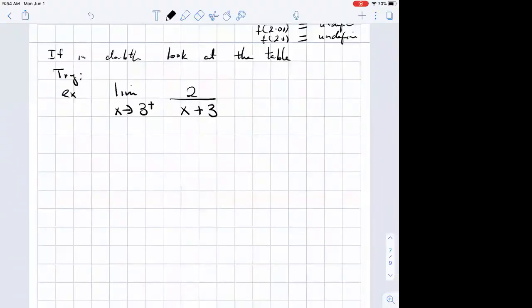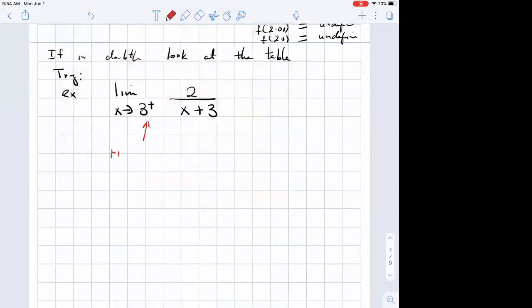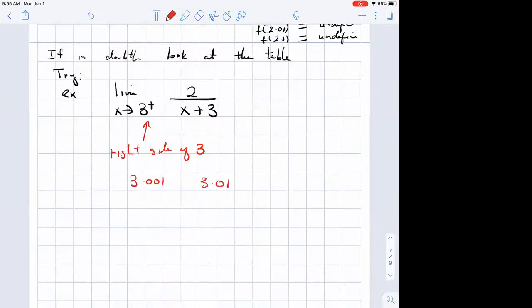So now we're looking for the right side. Okay, this means the right side of 3. So what are some numbers to the right side of 3? 3.001, 3.01, 3.1 even, right? So those are the numbers you're plugging in.